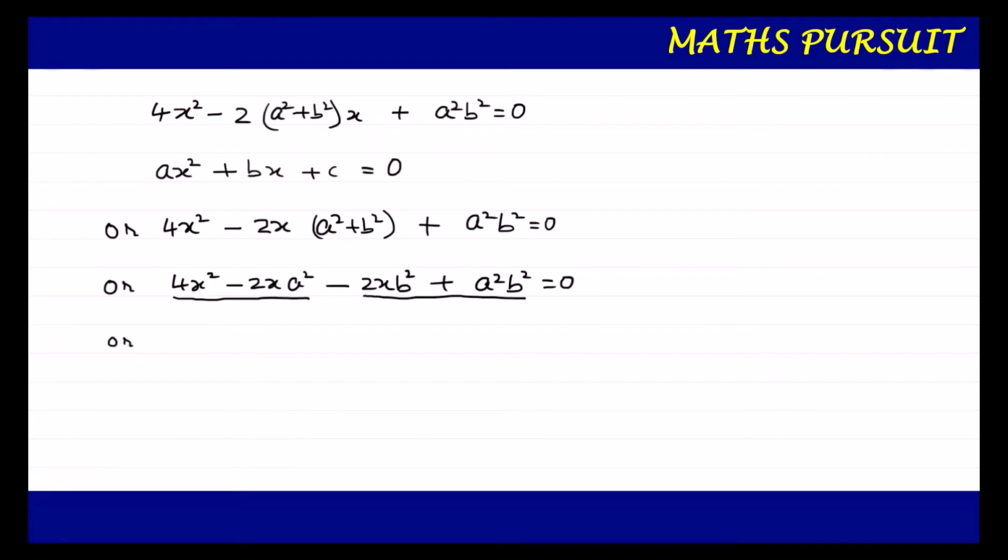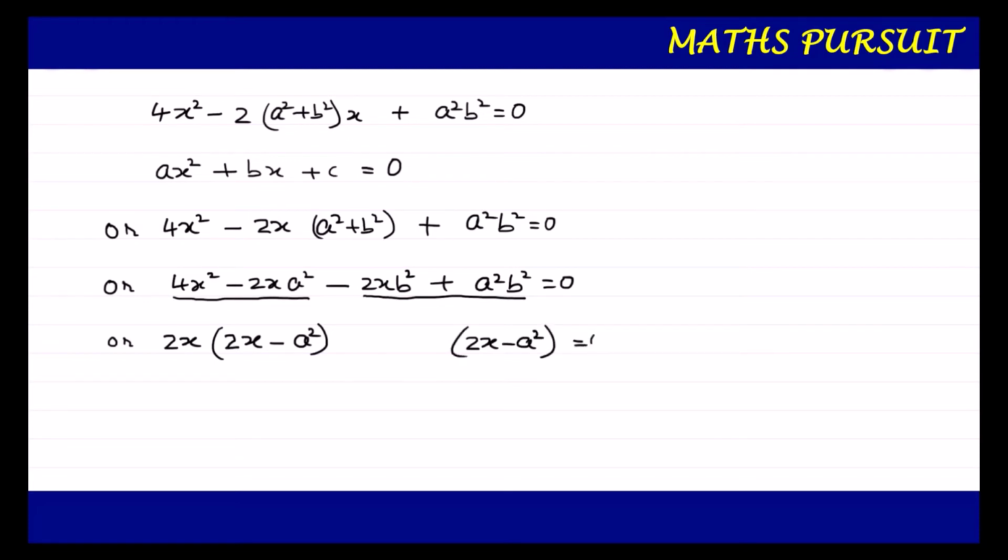Now let us see what is common in the first part that I underline: 4x² − 2xa². I could see that 2x is common here. So I can write 2x(2x − a²). So 2x into 2x is 4x², and 2x into −a² is nothing but −2xa². So let us put this 2x − a² as it is here first, so that it would be easy.